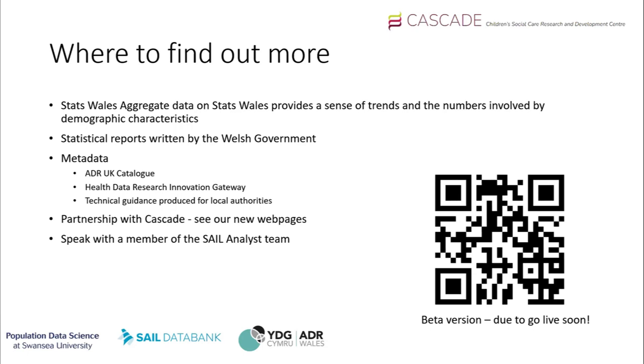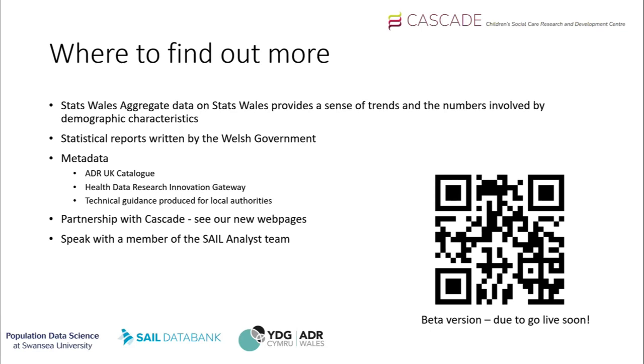We have at SAIL a strong partnership with Cascade, that's the Children's Social Care Research and Development Centre at Cardiff University. And as part of that partnership, Helen Hodges has produced a website which is hosted on the Cascade main page, and that includes a lot of the information about these data sets I've gone through today, and gives you a few more links and also outlines projects that are currently using these data.